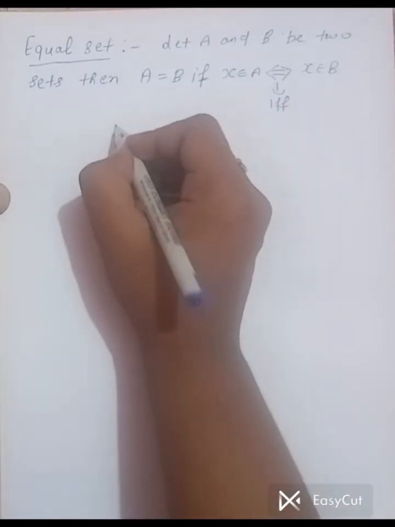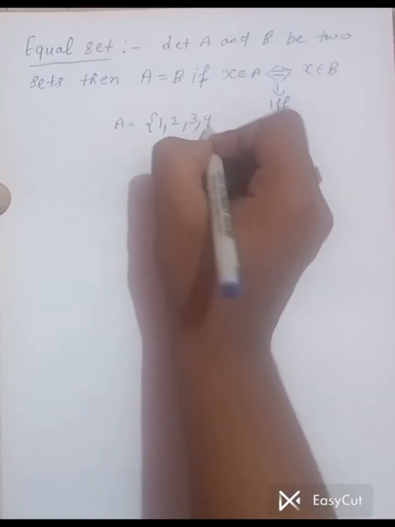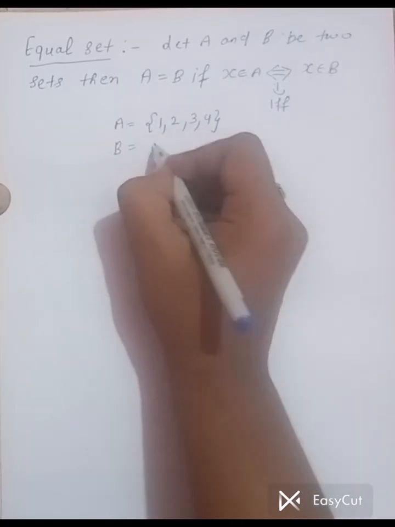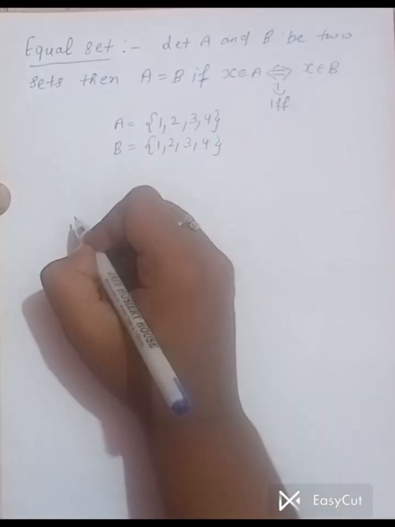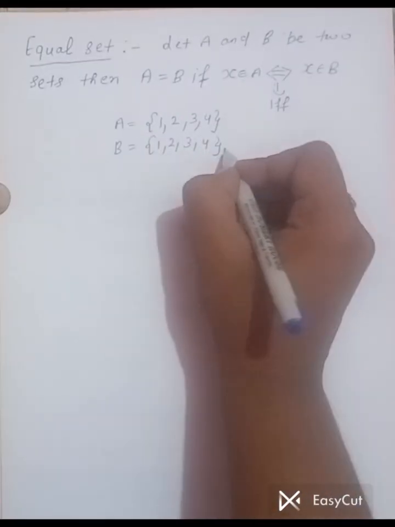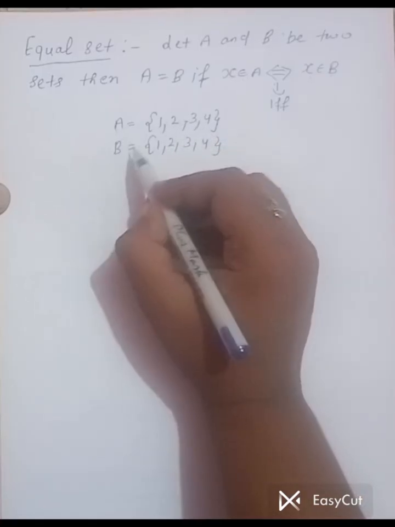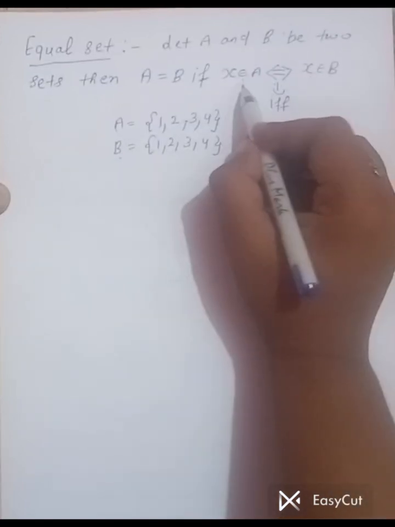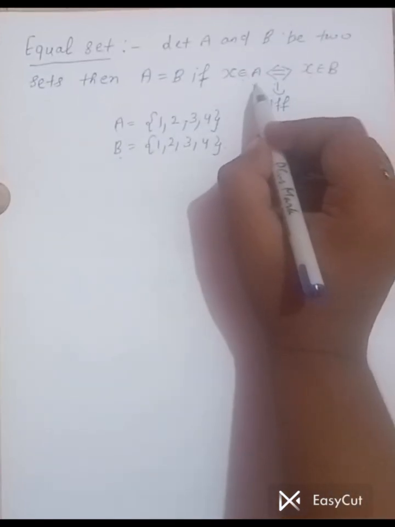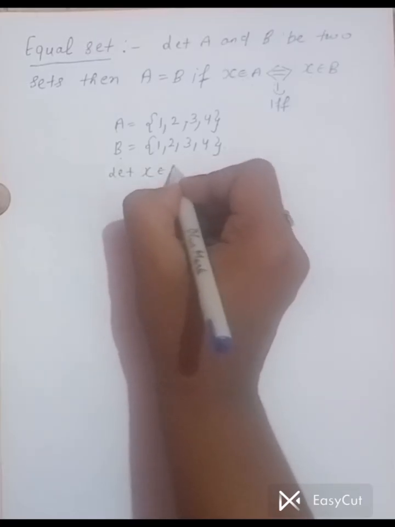For example, A is equal to {1, 2, 3, 4} and B is equal to {1, 2, 3, 4}. In general language, we can easily see that A is equal to B, but in this particular definition, how do we define it? Let X belong to A.